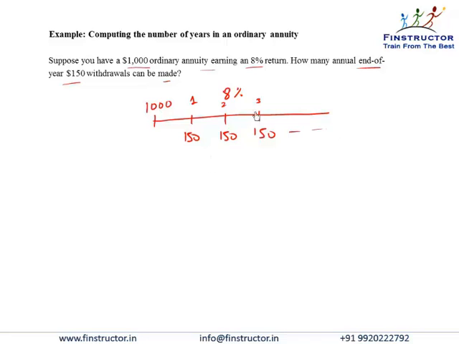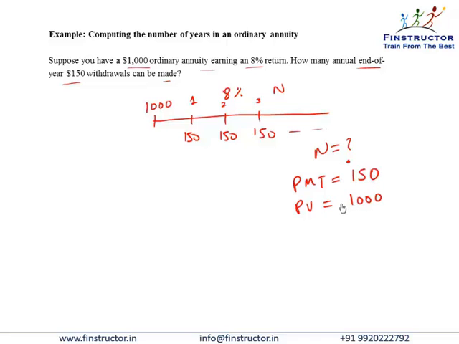So we are now asked to compute the number of years that the withdrawals can be made, and hopefully the other 4 inputs of the TVM sheet would be given to us. So N is now what we have to calculate. The payment at the end of each year that we want to withdraw is $150. We have saved at the beginning $1,000, and now please make sure that you cannot enter the PMT and PV as both positive.